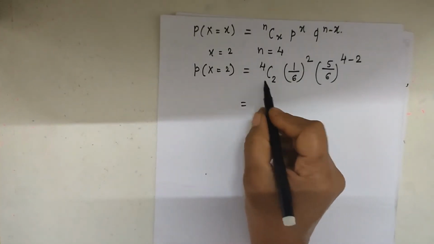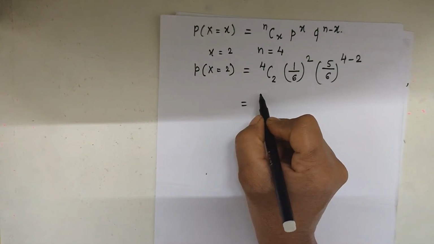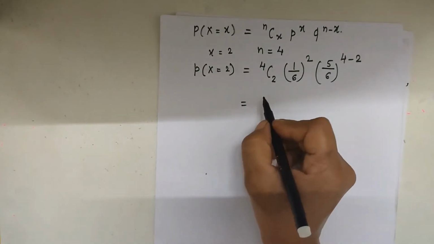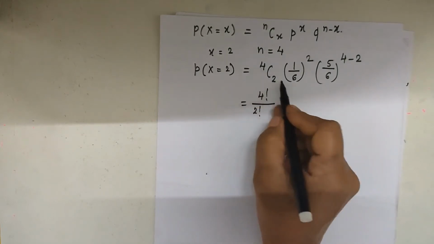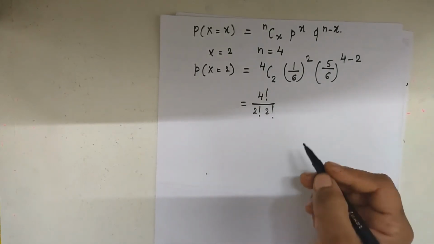Now by calculating 4C2: 4C2 means 4 factorial upon 2 factorial into 4 minus 2, 2 factorial.